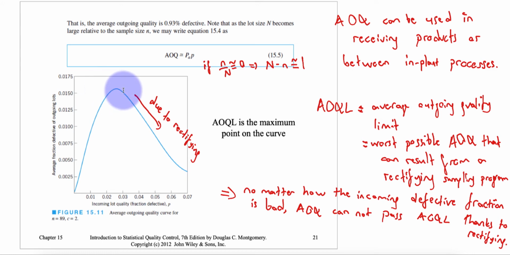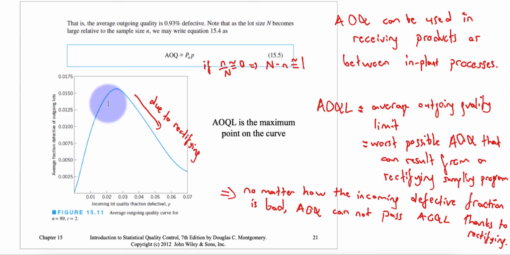So why is this maximum point the limit for us, the upper bound? Let's see. If the initial fraction defective is low, let's say from up to here, the average fraction defective of outgoing lots will increase, right?